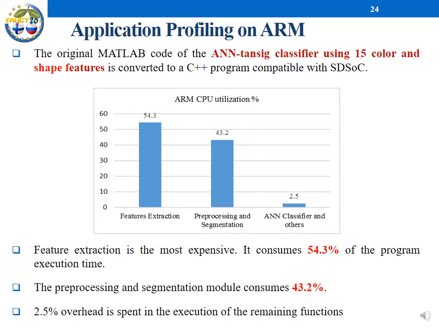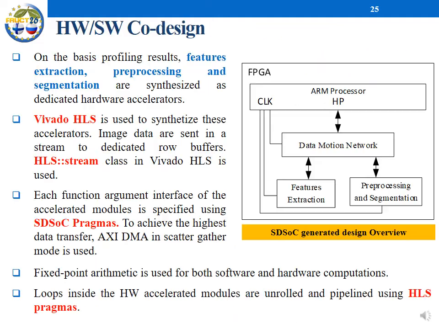The results are given in this figure. Feature extraction is the most expensive one, consuming 54.3% of the program execution time. The preprocessing and segmentation modules consume 43.2%, and 2.5% is spent in the execution of the remaining functions.